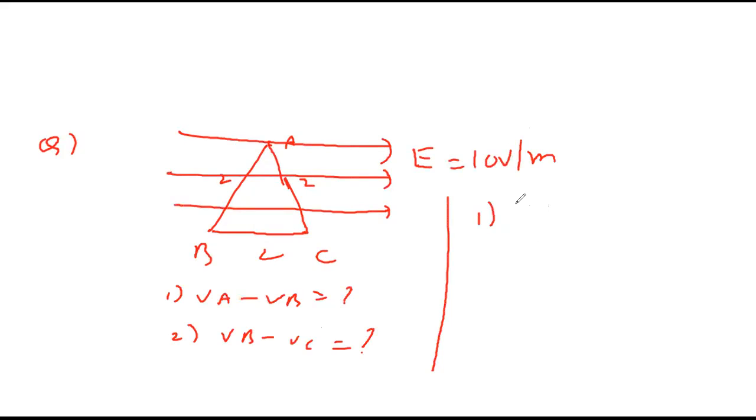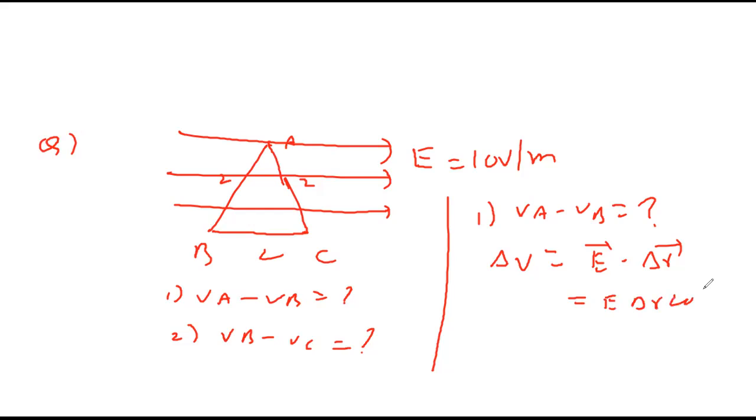Now, in the first case, VA minus VB we want. So change in V, its magnitude is E bar dot delta R bar. That is E delta R cos theta. Delta R means A to B distance.